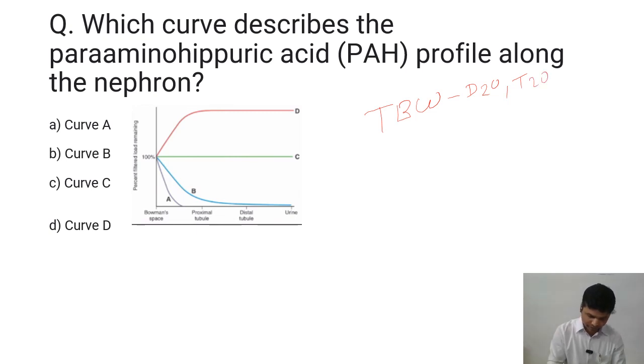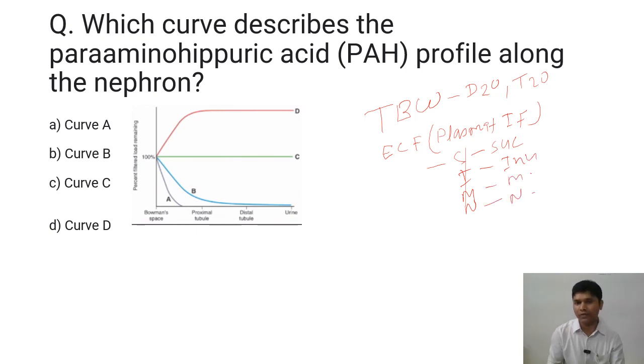Then extracellular fluid, which is actually plasma plus interstitial fluid, for that we can use SIMN: sucrose, inulin, mannitol, sodium thiosulfate.